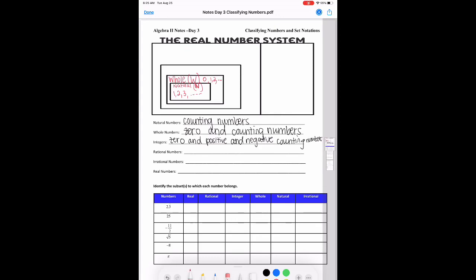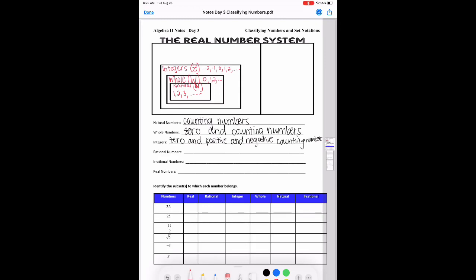I'm going to write my integers in this next box. Notice it encompasses whole and natural numbers. We represent integers with a capital Z. And notice I'm going to write negative numbers as well, and it includes anything else in these smaller boxes within it.